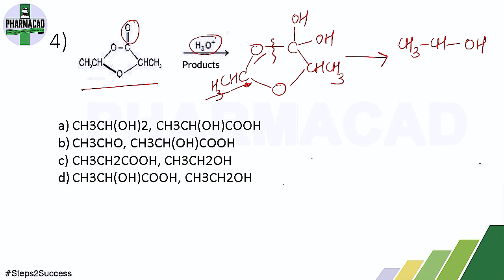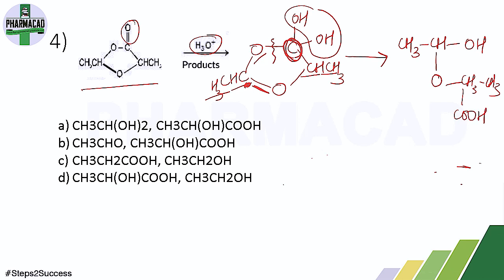Okay. Now this carbon atom is attached with this oxygen atom, which is attached with CH3. Now this carbon gets converted into COOH because it is having two hydroxy groups. So this oxygen is with CH3 and it is with COOH, which is nothing but this group.